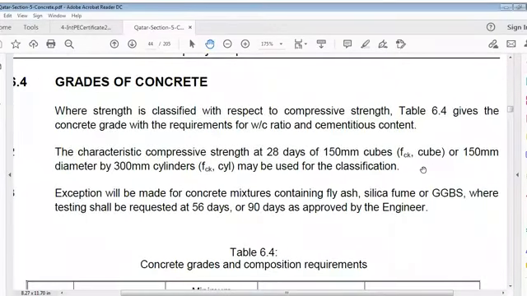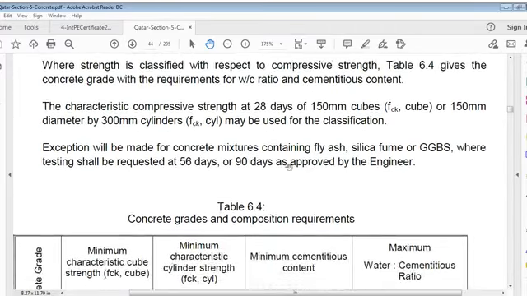Grades of concrete, where strength is classified with respect to compressive strength. Table 6.4 herein gives concrete grade with requirements for water cement ratio and cementitious content. Characteristic compressive strength at 28 days of 150 cubes, that is fck cube, or 150 diameter by 300 cylinders, fck cyl.